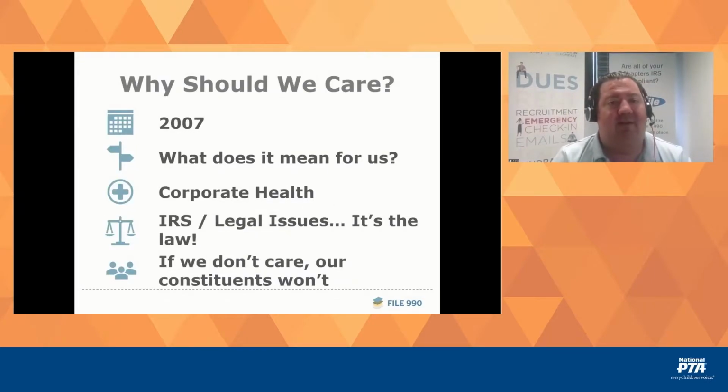Okay, in 2007, the IRS gave notice to all nonprofits that they were going to change their regulations and said that every nonprofit had to file a 990 to report to the IRS that they were an organization and give some background of the revenue that organization receives.